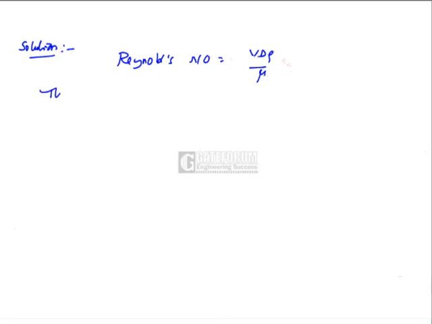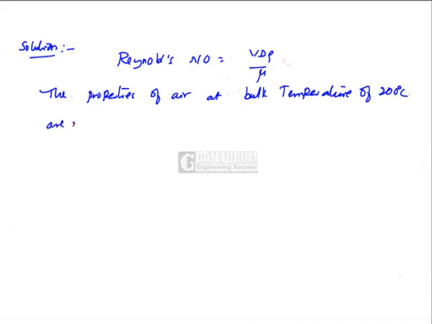Now, the properties we pick up at a bulk mean temperature of 200 degrees centigrade.